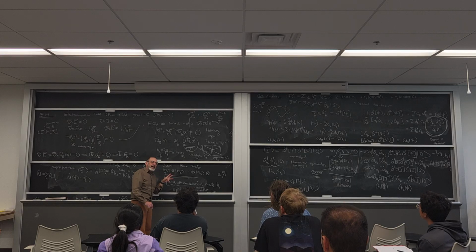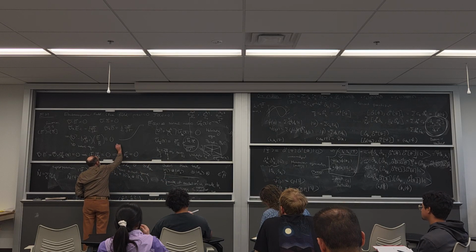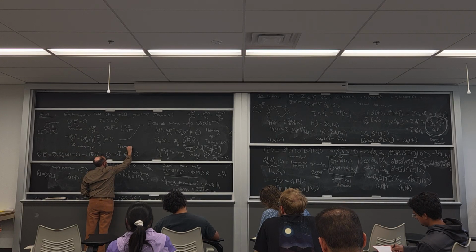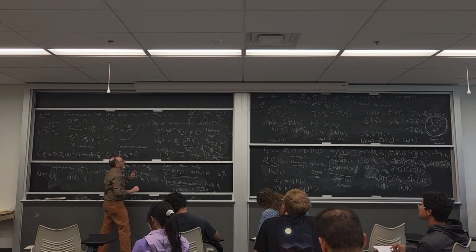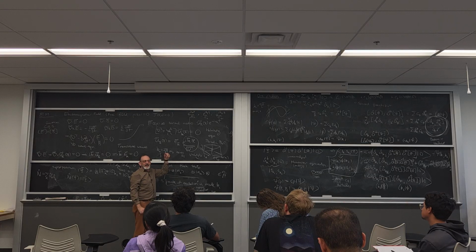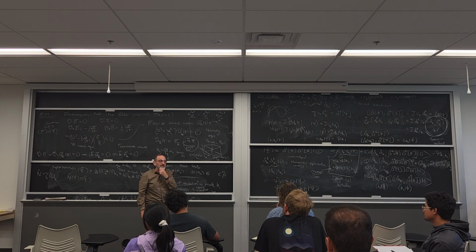Okay? So we're looking at plane wave modes which are transverse. That is to say, the direction of oscillation of the electric field is transverse to the direction of propagation. That follows from Maxwell's equations.